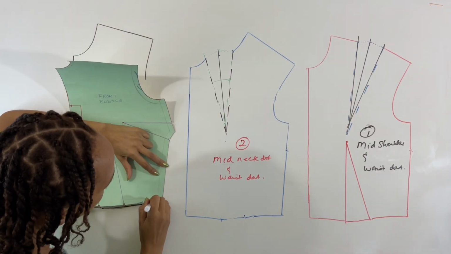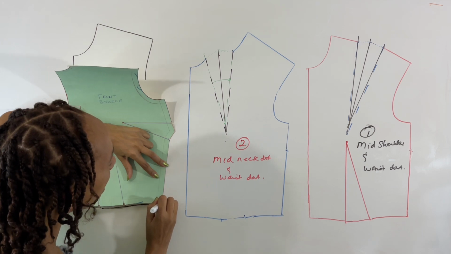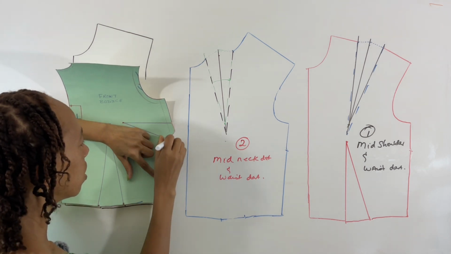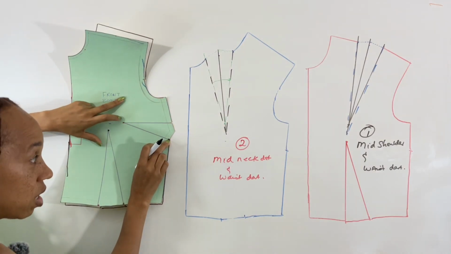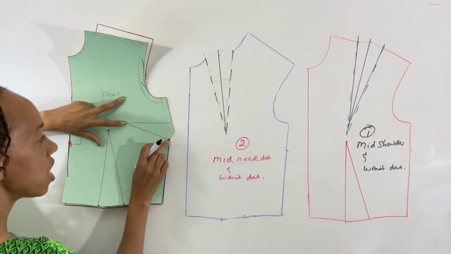And you put your mark there for your waist dart, and you come around, and you're going to mark up to the underarm dart, but you're going to close it.